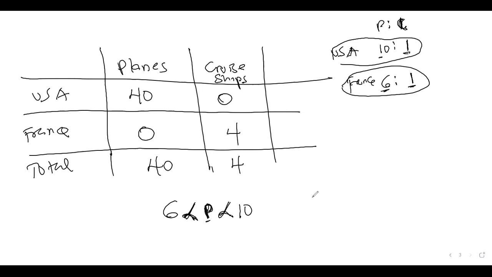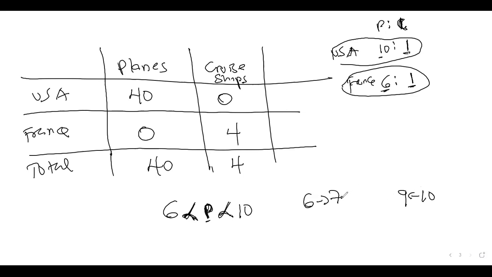When we move from 6 to 7, France benefits but US loses. Again, when we move from 10 down to 9, the US benefits but France loses.